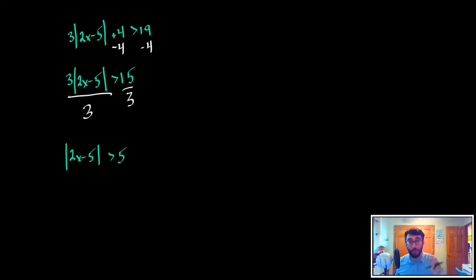So it's 2x minus 5 is greater than 5, or 2x minus 5 is less than negative 5. What's inside the absolute value never changes. The only thing that changes is the second inequality: you flip the inequality symbol and make the sign negative.